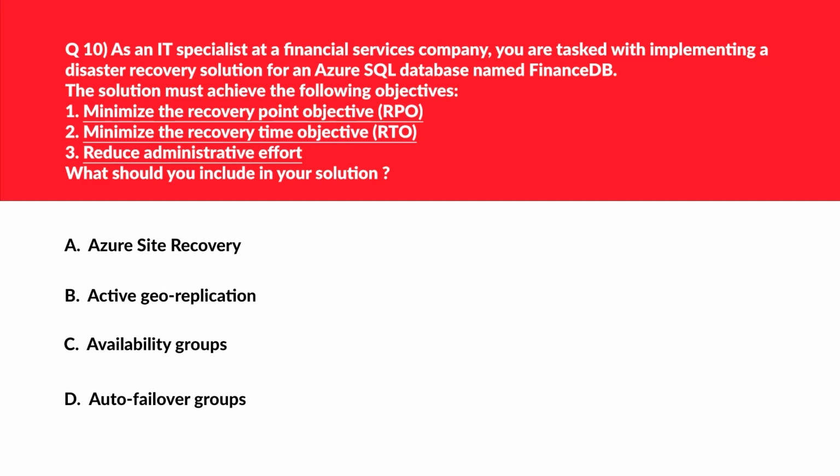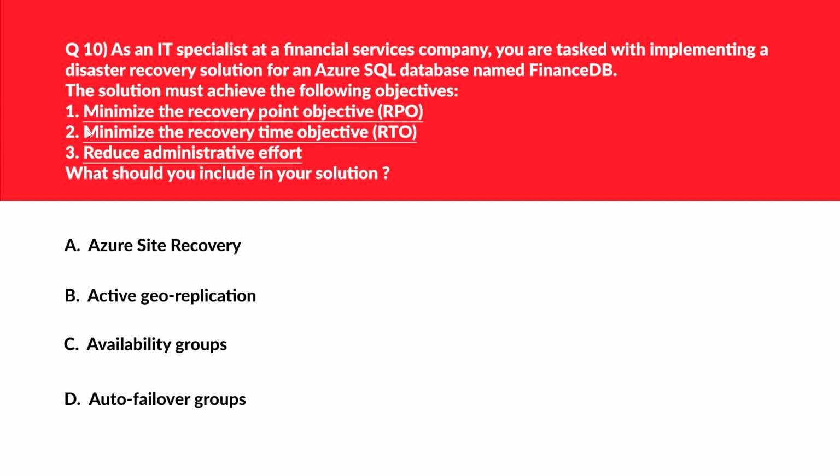Alrighty, so let's again tackle a question related to disaster recovery. We've got 3 requirements or objectives which should be fulfilled by the correct option. Let's look at option A. A says Azure Site Recovery. Azure Site Recovery involves higher administrative effort and may not minimize the RPO and RTO for the database.